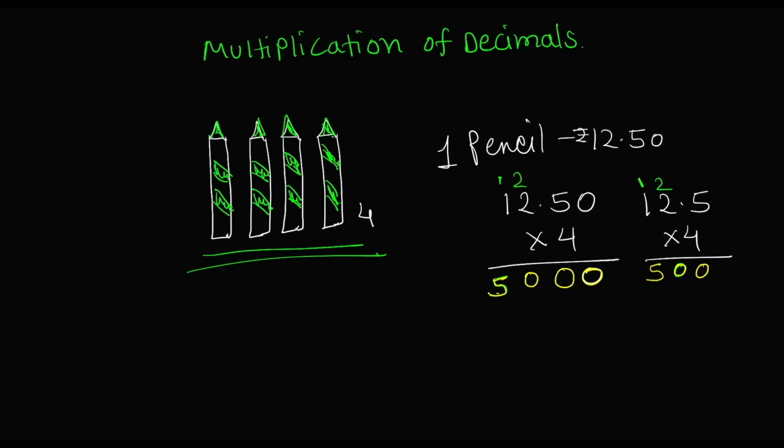So we count the digits: 1 and 2. We put the decimal point 2 digits from the right, counting from right to left. This is our answer.